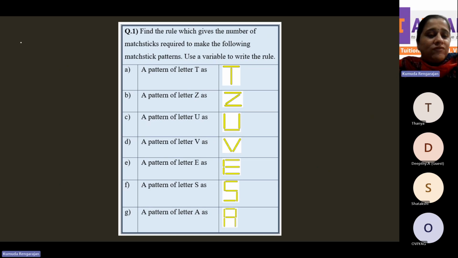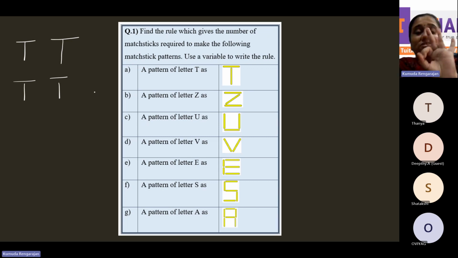Now, if you want to make the letter T using matchsticks, you need one stick placed horizontally and another stick placed vertically. Placing the sticks like this, you can get the letter T. Supposing you want to make two T's, then you'll need 4 matchsticks. If you want to make 3 T's, then you will need 6 matchsticks.